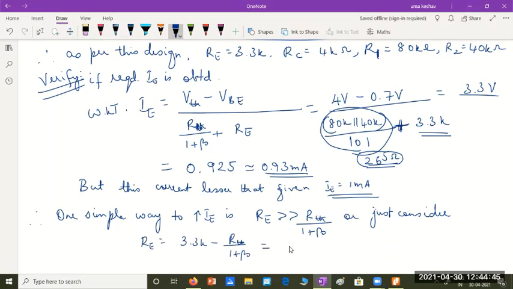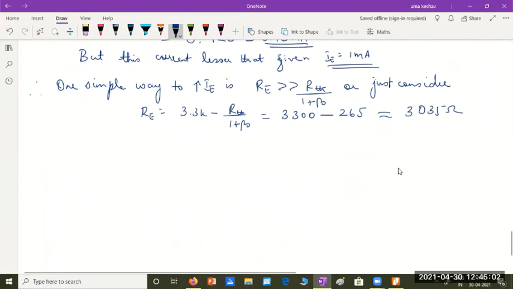If you do this, what will happen? This will be 3300 minus around 265 ohms, which will turn out to be, I think, 3035 ohms, correct? I'm just checking on an average how I can increase this.